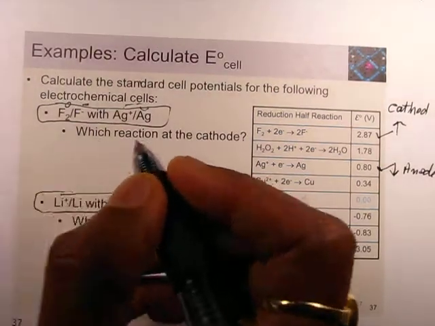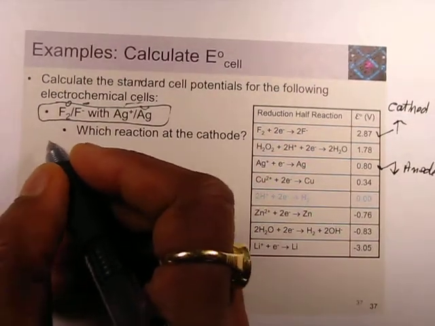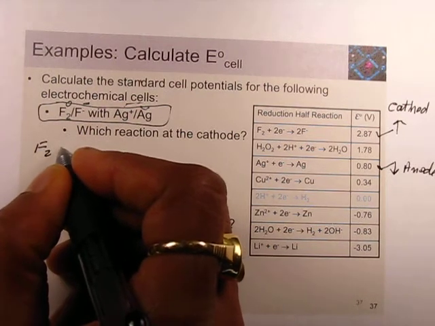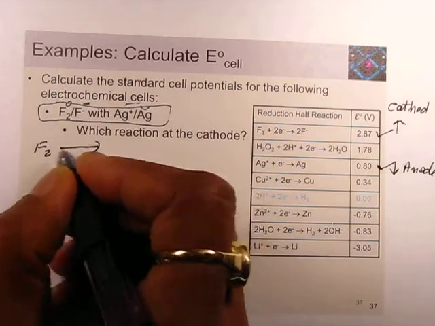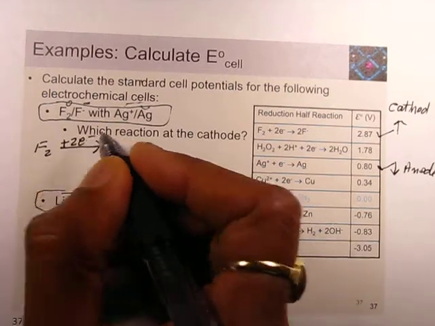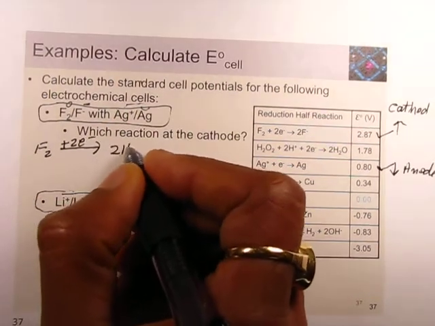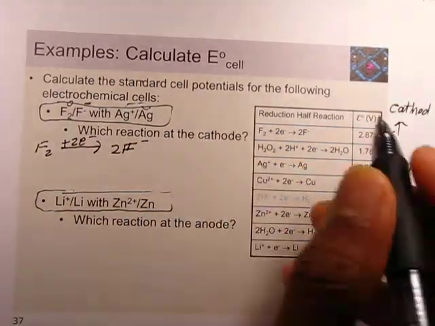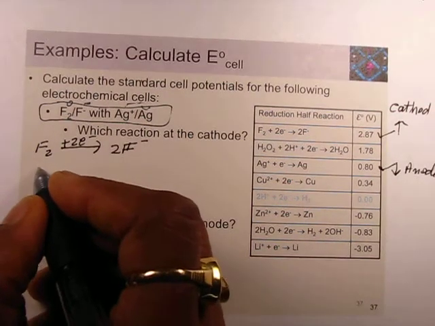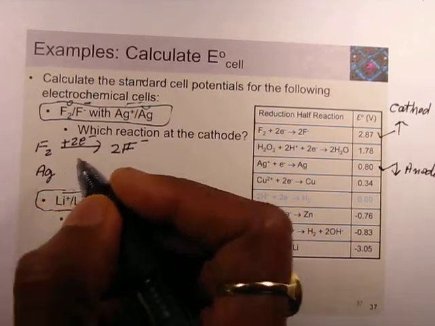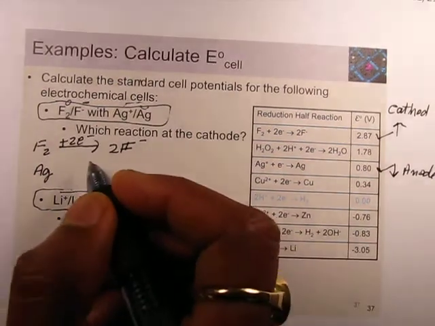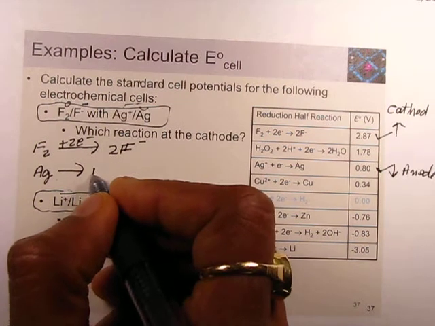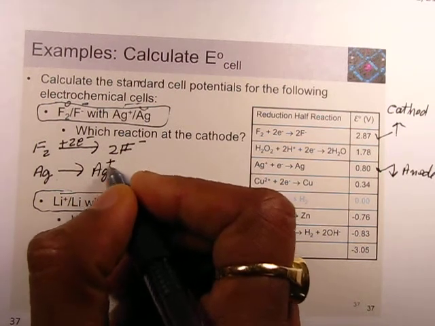So what we can do is write it like this: F2 plus 2 electrons becomes 2F minus, and the reduction potential is given. And for this silver ion, since oxidation will happen at the anode here, I have to write solid silver losing an electron, becoming silver plus.